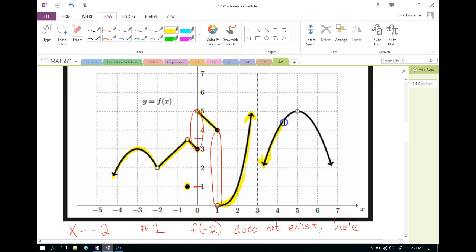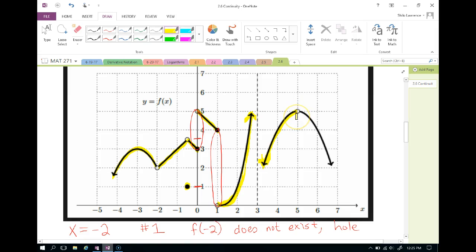And then we'll keep tracing. And we'll have to pick our pencil up at x equals 5. We can do the limit because the left and the right sides meet. So that's okay. The limit exists. What does not exist is there's no point there. It's an open circle. So when there's no point, there's no functional value. So f of 5 does not exist.